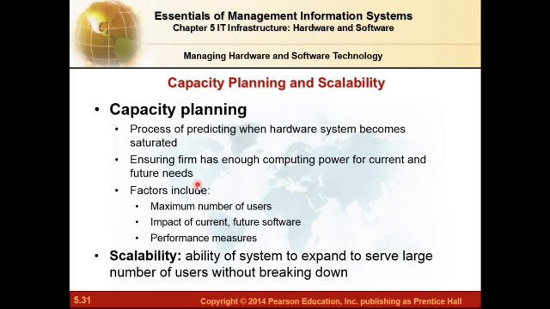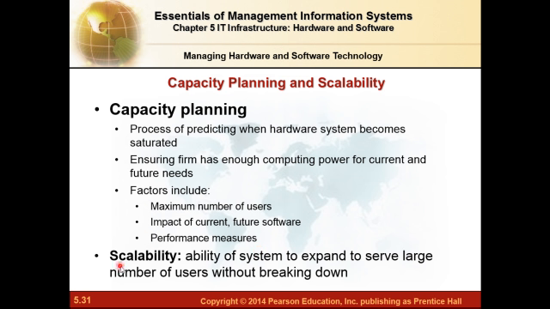The factors in capacity planning include the maximum number of users, the impact of current or future software, and also the performance measures for the system that you use. These are all about capacity planning.